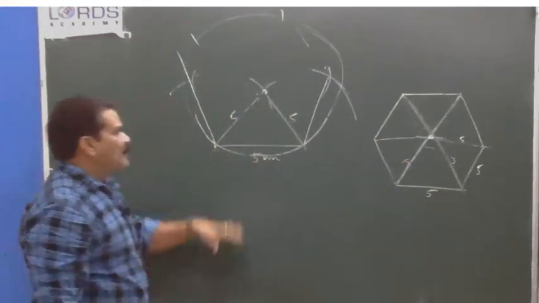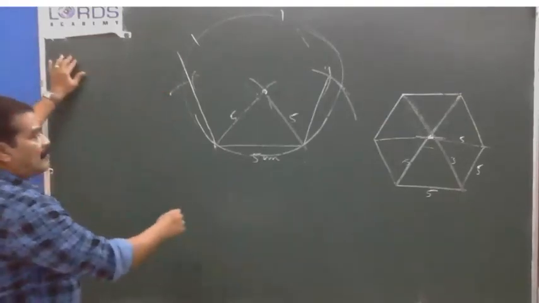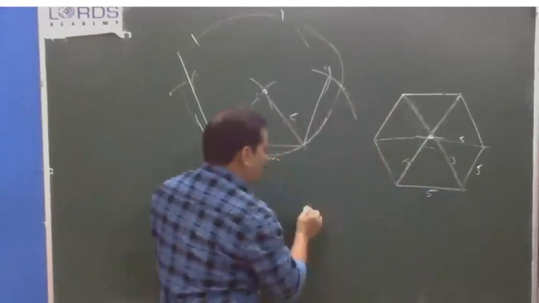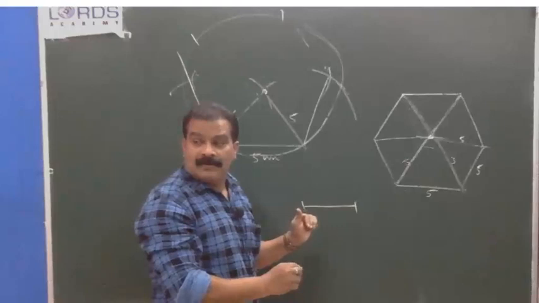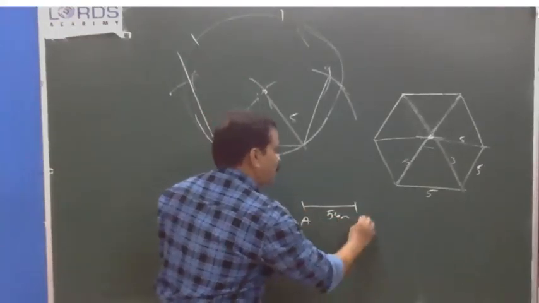And also, we can take another method, that first of all you make this 5 centimeter here, 5 centimeter, this AB.